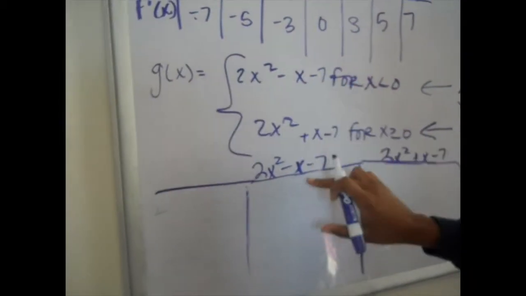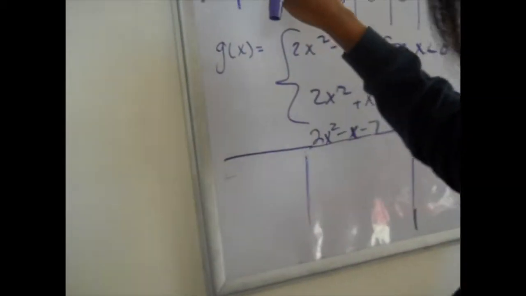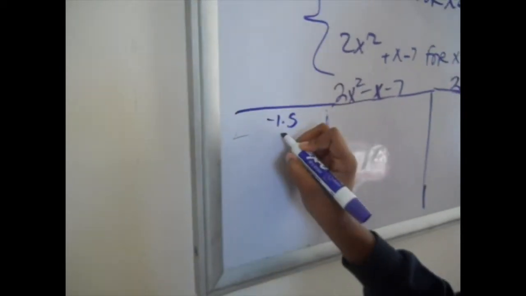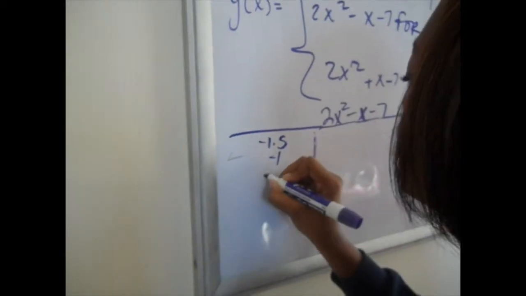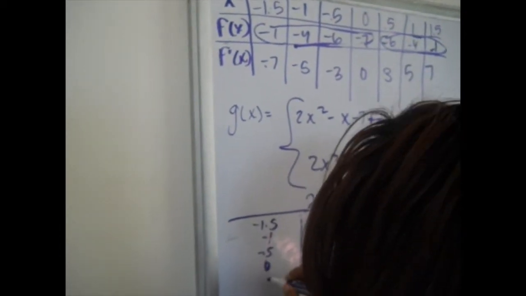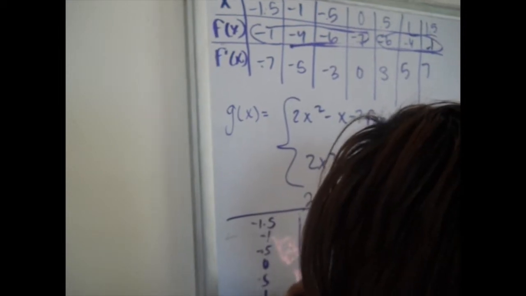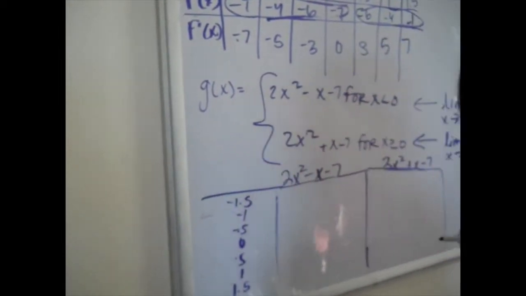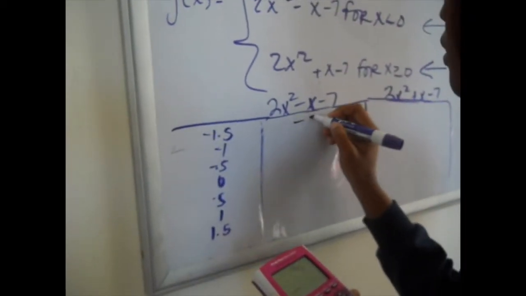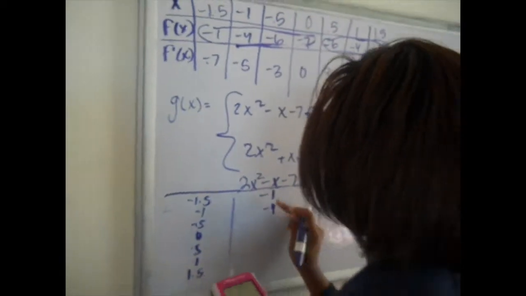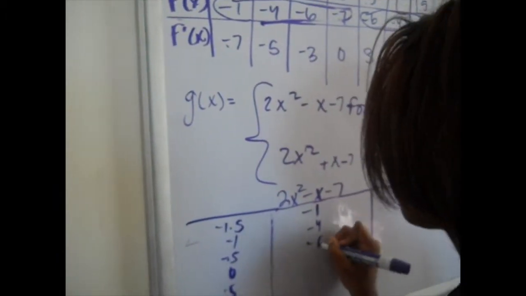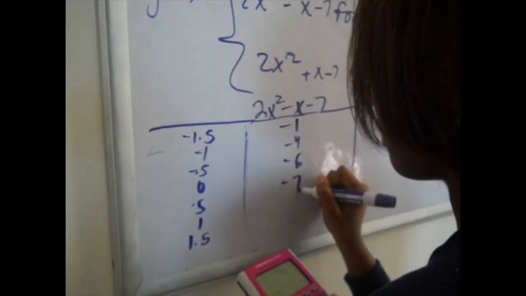So I rewrote the functions, and I'm going to rewrite these x values on this side: negative 1, negative 0.5, 0, 0.5, 1, and 1.5. In the calculator, it was the exact same values: negative 1, negative 4, negative 6, and negative 7.